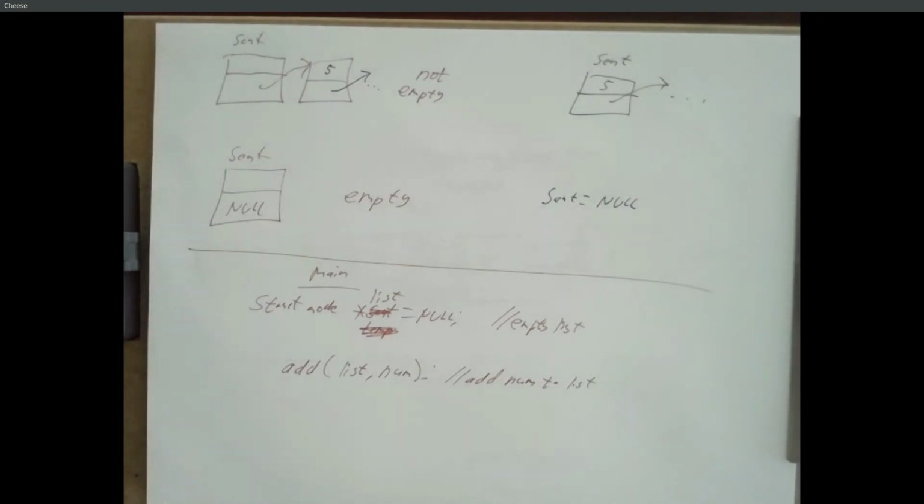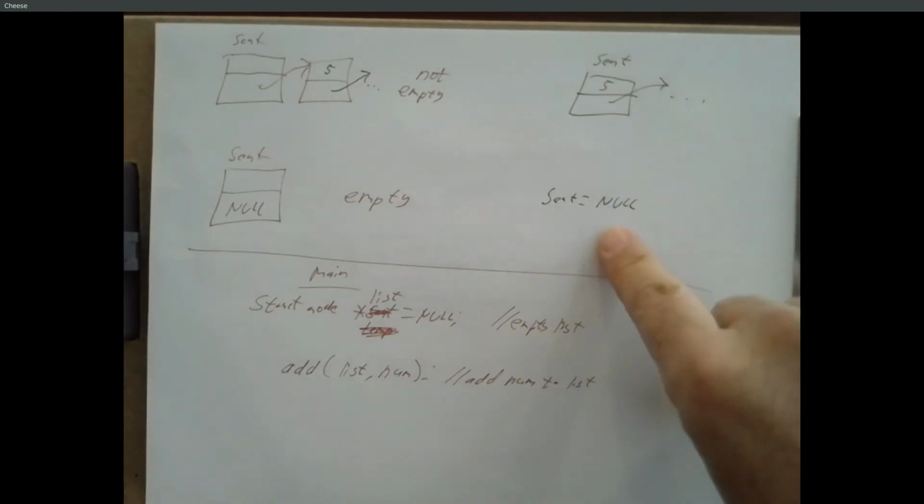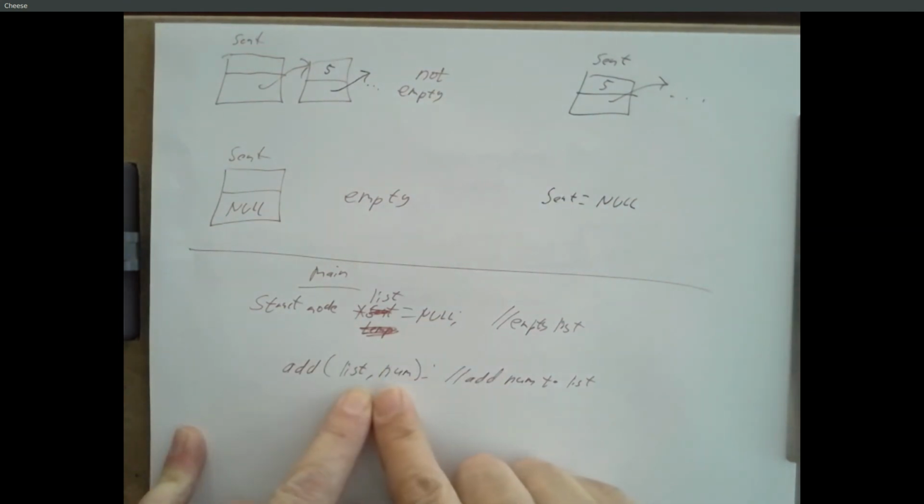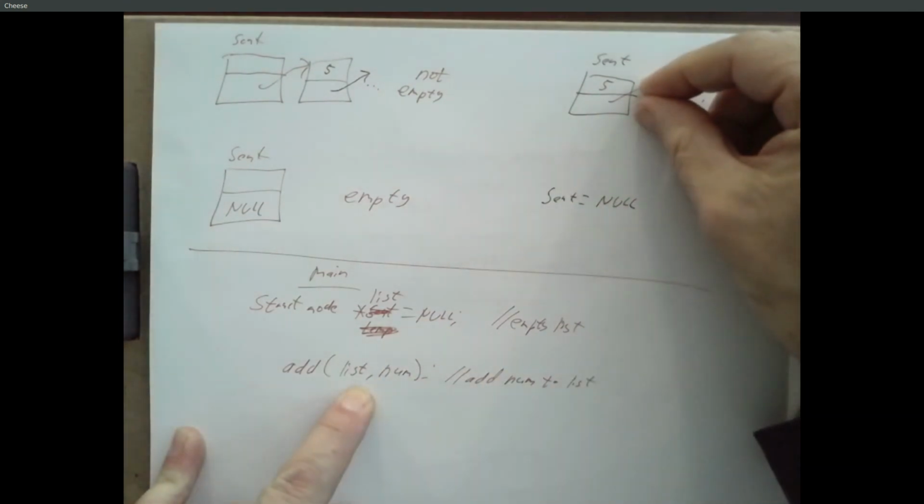And this cannot work because our list is originally null. When we add our number to our list, what we should do is we should end up with a block of memory somewhere containing our number, and we want list to be the address of that block of memory.